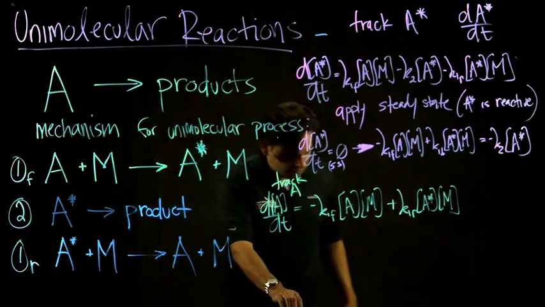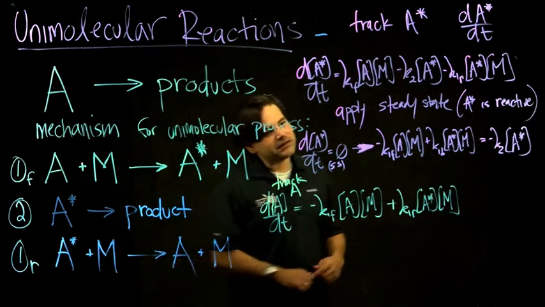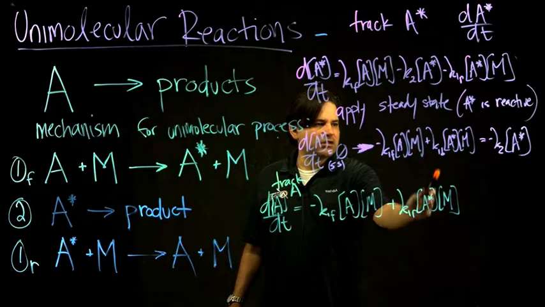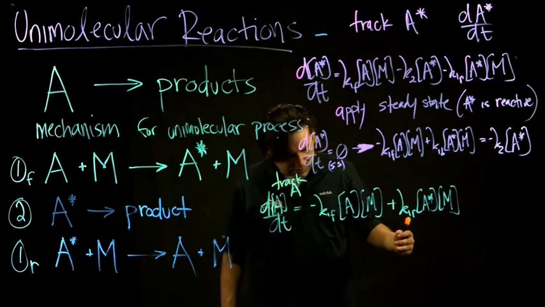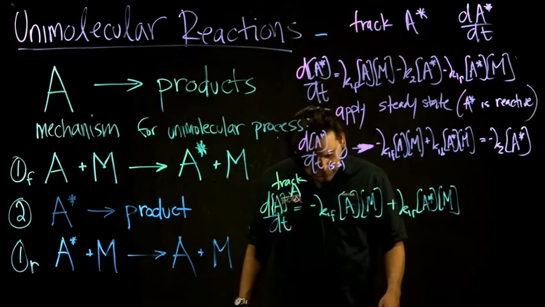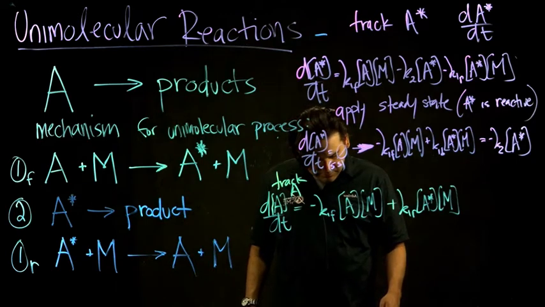Then we can plug in this steady state expression for this A star. So what we're going to do is solve here for A star, k2 A star.